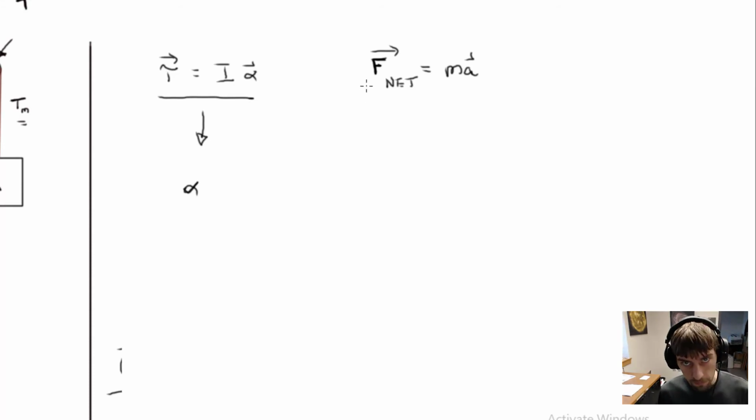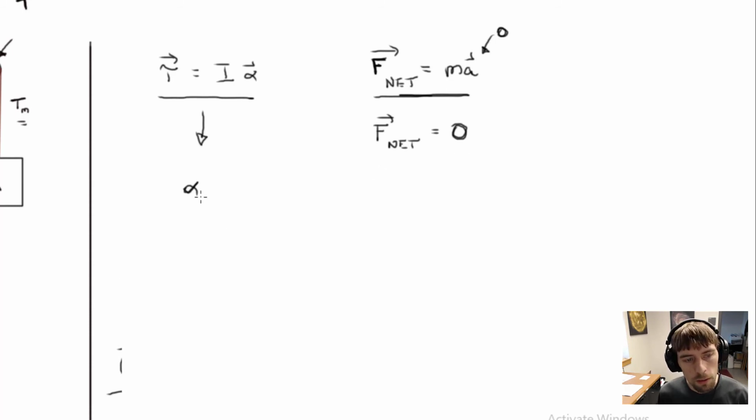Okay. Now, thinking about the center of mass of the pulley, did the center of mass of the pulley translate at all? He said, no, it didn't. So you know that F net would equal 0.